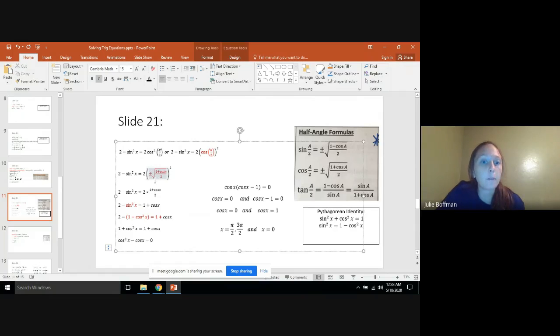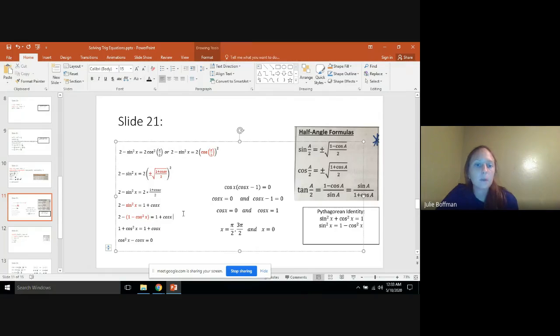When you square a number, it becomes positive. So we can drop the plus or minus, and then we can also square the square root and it's gone. So you end up with just 2 times 1 plus cosine x divided by 2. Well, then the 2 times and the divided by 2 would cancel. So you're left with just 1 plus cosine x on the right side. So now let's look at the left side.